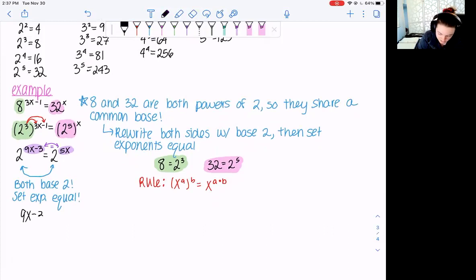So 9x minus 3 is equal to 5x. Subtracting 9x on both sides, we have -3 is equal to -4x. Dividing both sides by -4, we're going to get 3/4 is equal to x, which I will just rewrite as x equals 3/4.